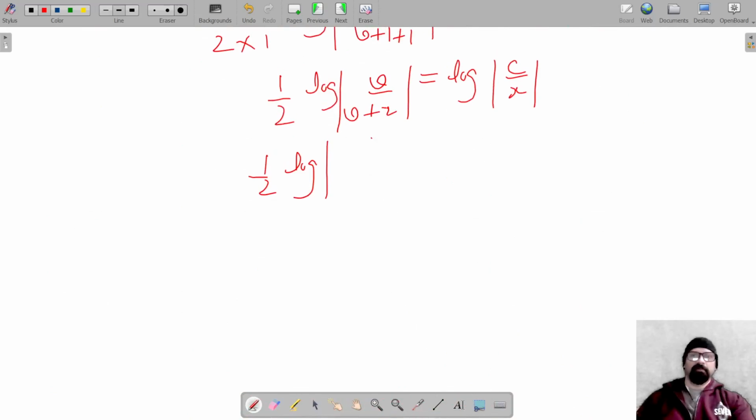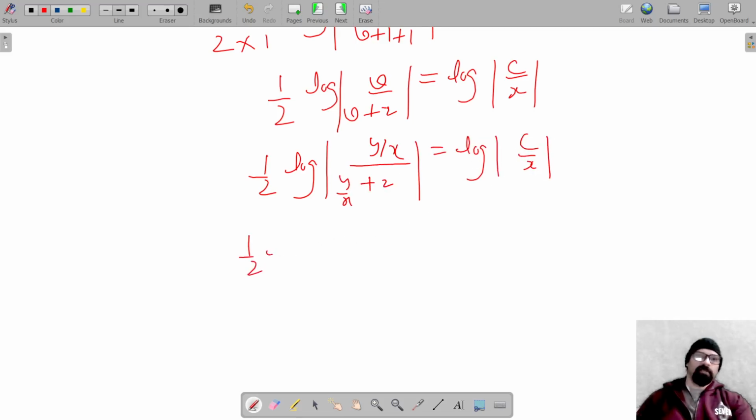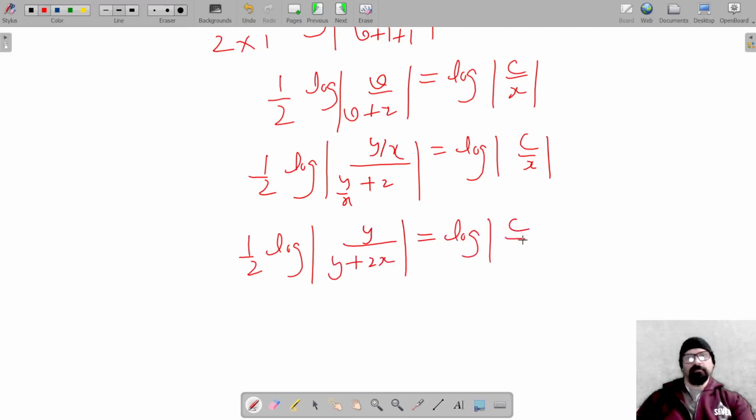So this is half log of y by x upon y by x plus 2 is equal to log of c by x, and which gives me half log, if I take LCM, y upon y plus 2x is equal to log of c by x.